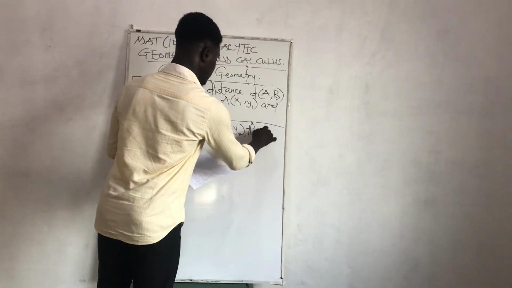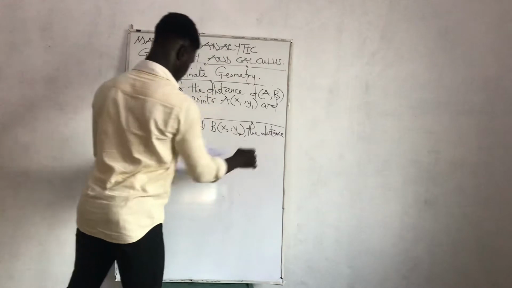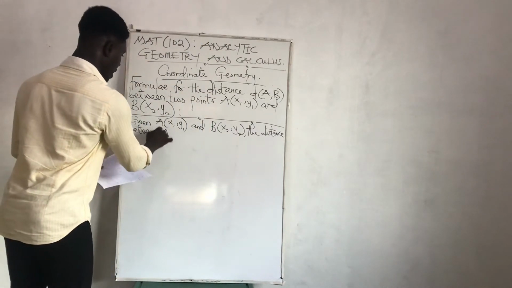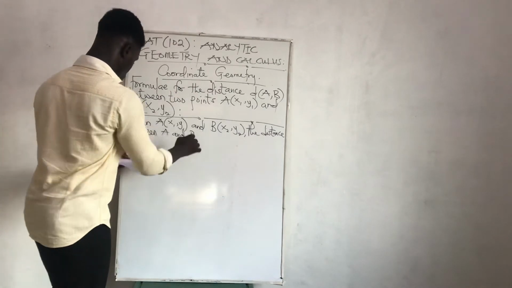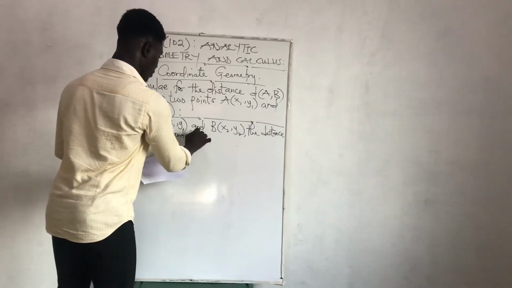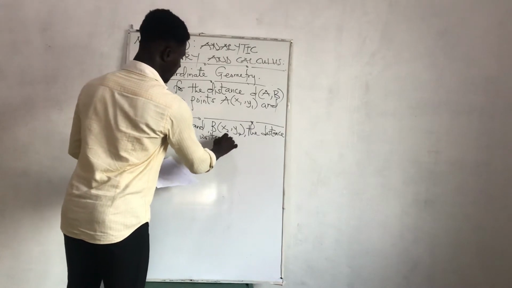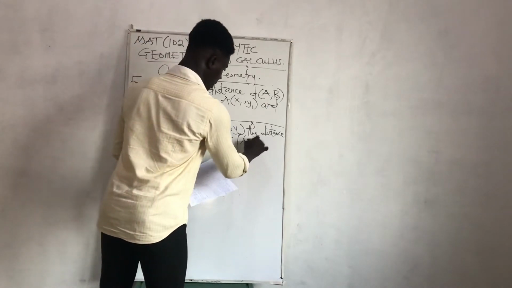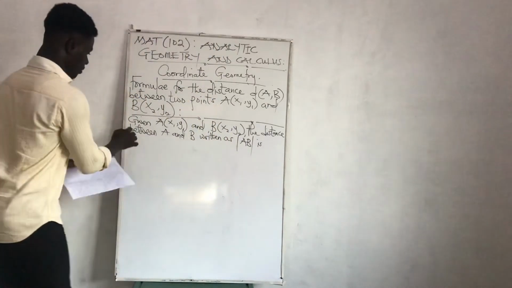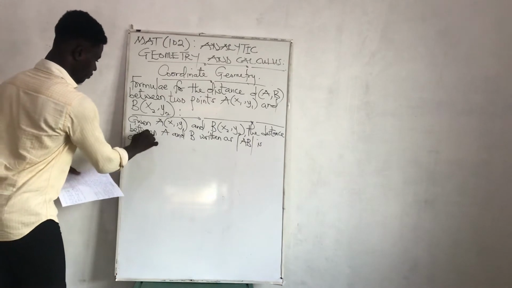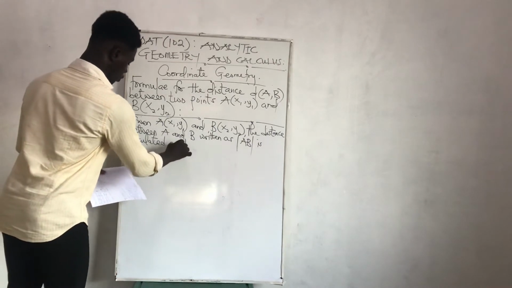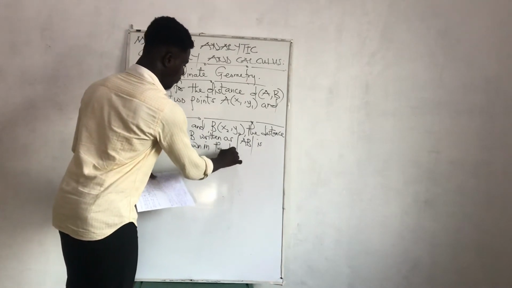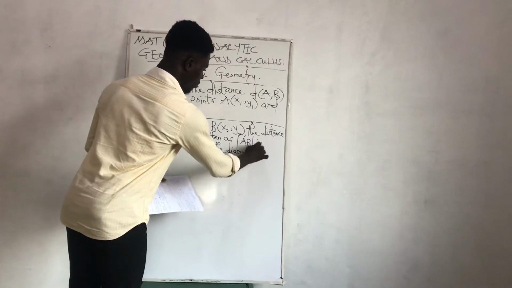The distance between A and B, the distance between A and B, is calculated as shown in the diagram below.